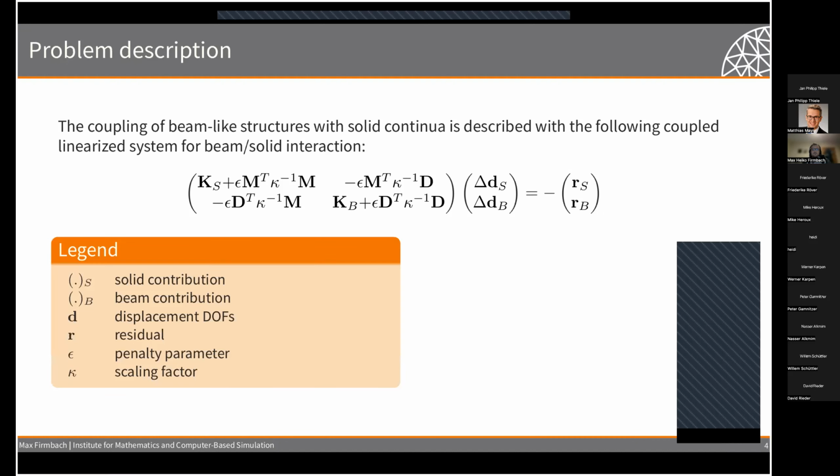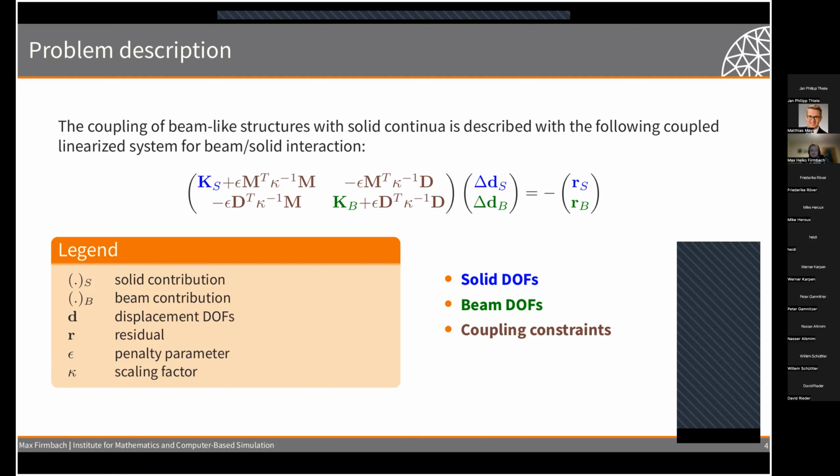To give you a glimpse of what our system looks like, as mentioned, we have a coupling of beam-like 1D structures with three-dimensional solid continua, which are described by the following linearized system. I can also color code this to make it a little easier.